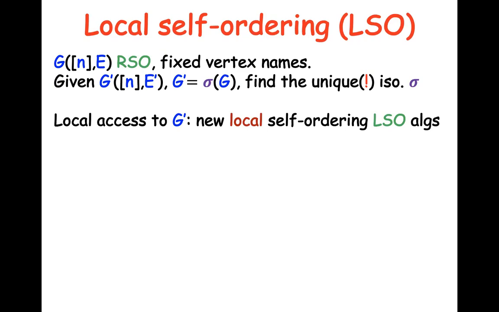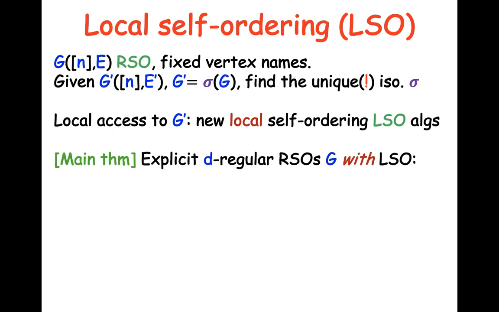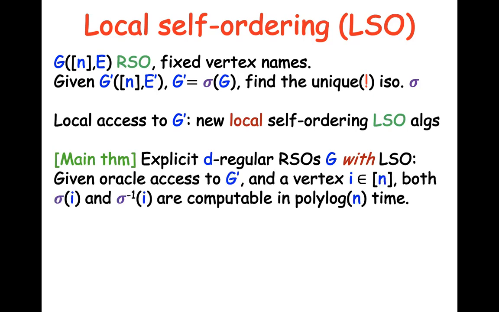And we develop such self-order algorithms. They are called LSO, local self-ordering algorithms. Specifically, we construct explicit d-regular RSO graphs which have such a procedure, which specifically is the following. Given oracle access to any such graph G prime and any vertex i in it, we can compute both sigma and sigma inverse of i in polylogarithmic time.